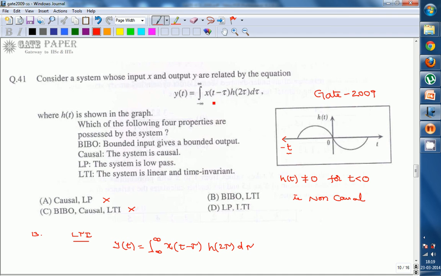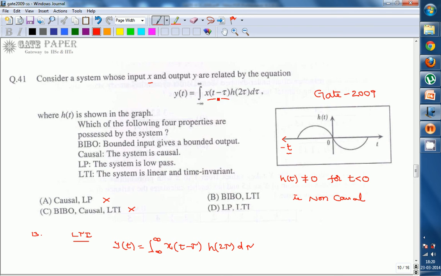By considering that the input x of t minus tau, that is x of t, is bounded, and h of t is already given as a bounded signal, then h of 2 tau is also bounded, with decreased spacing on the time axis, that is, compressed.